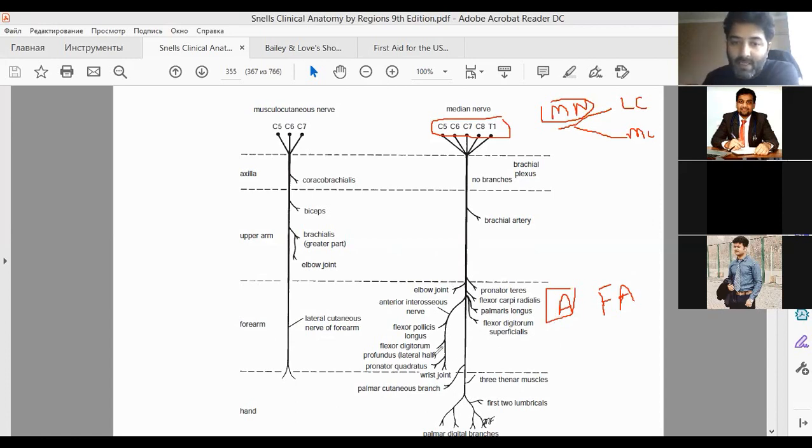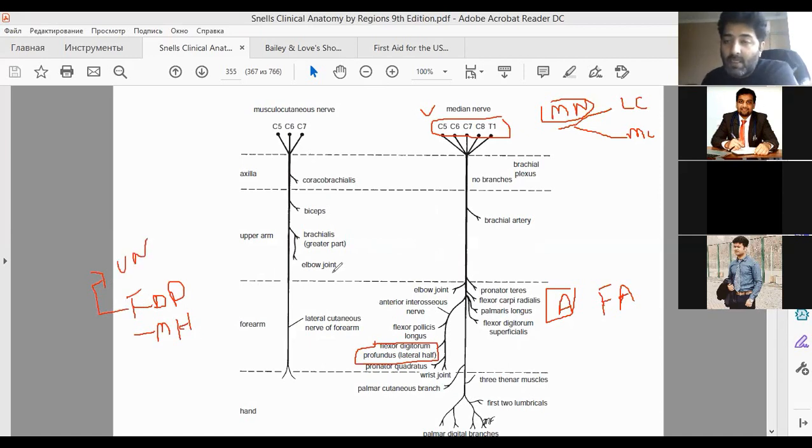For example, you have one muscle, the flexor digitorum profundus. Half of this muscle is innervated by the median nerve, and the medial half of the flexor digitorum profundus is innervated by the ulnar nerve.